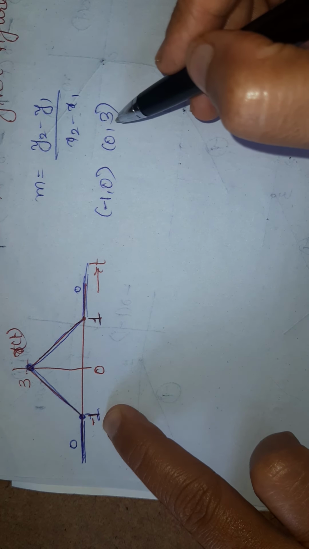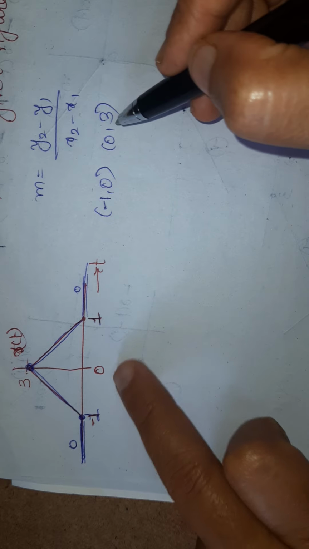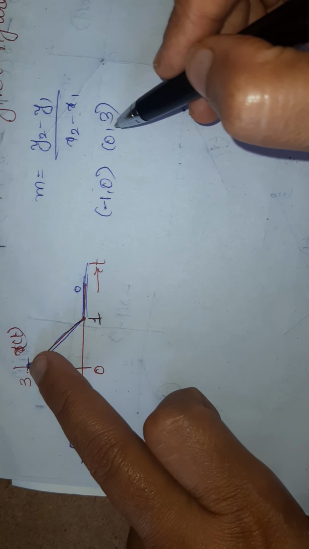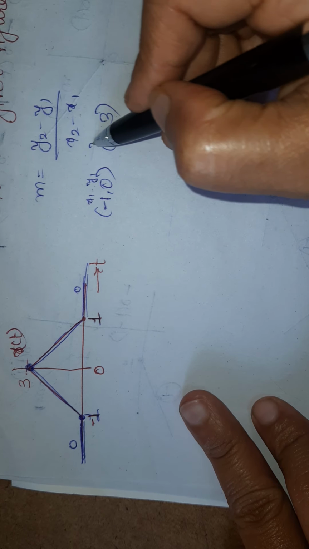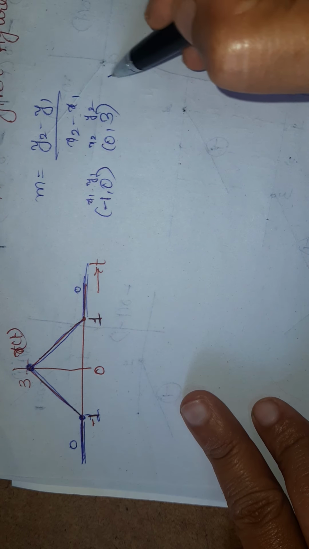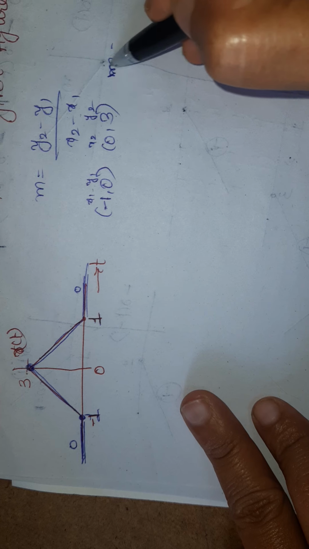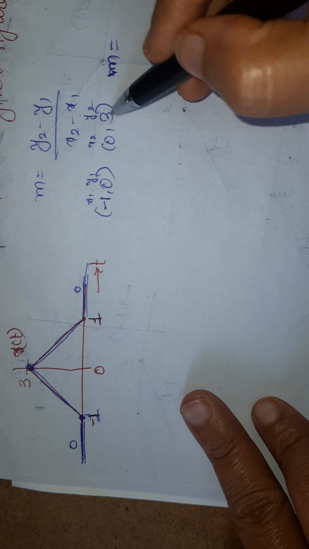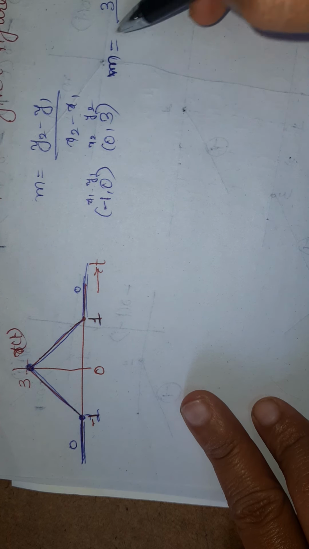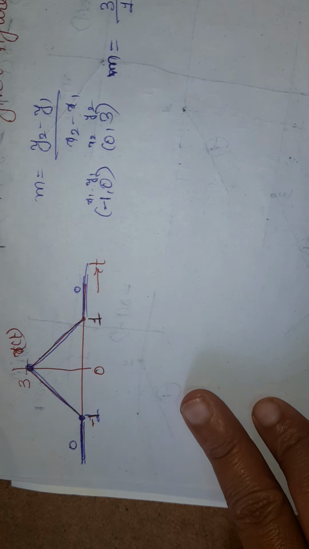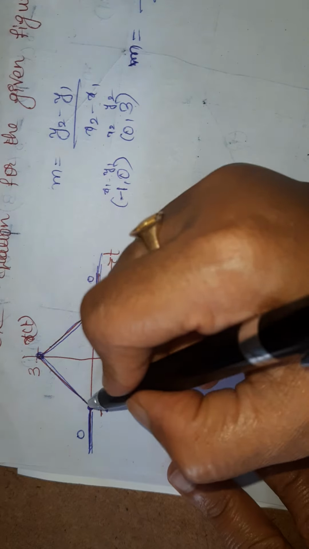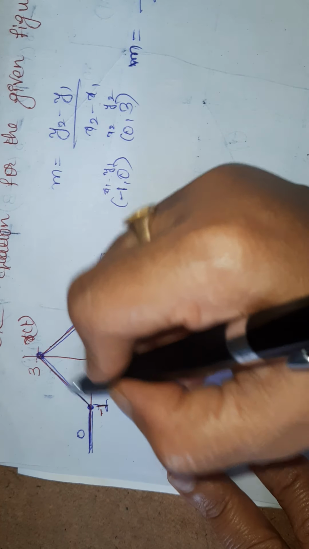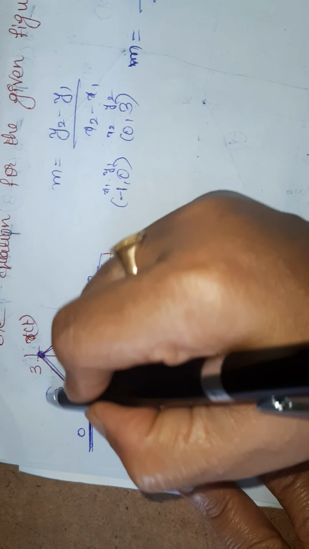So slope m is y2 minus y1 by x2 minus x1. So slope is 3. Because it is a rising slope I got plus 3.